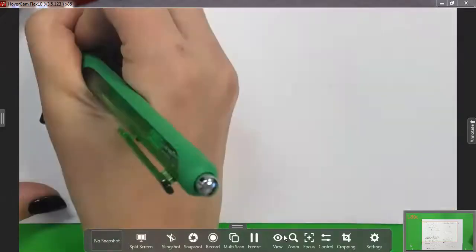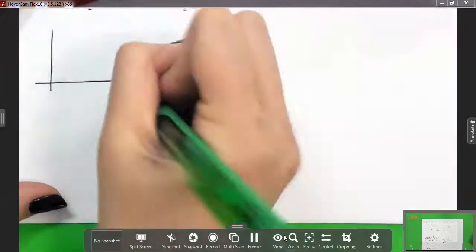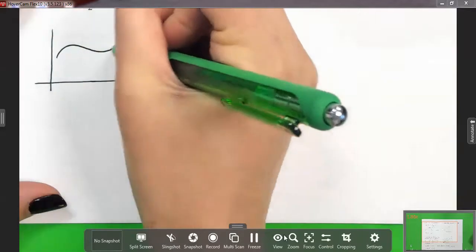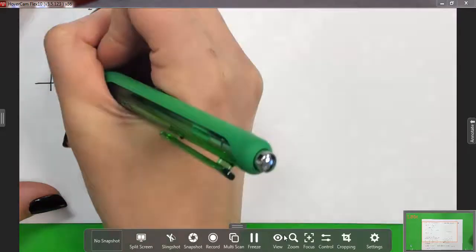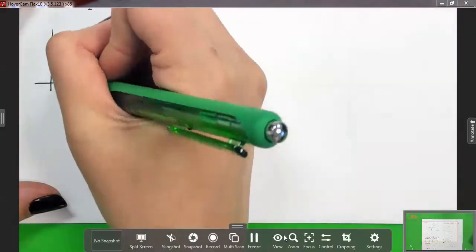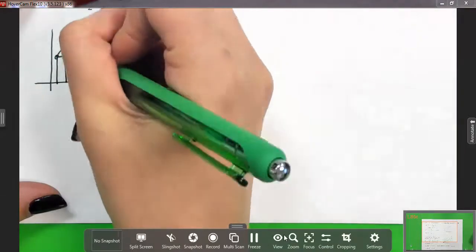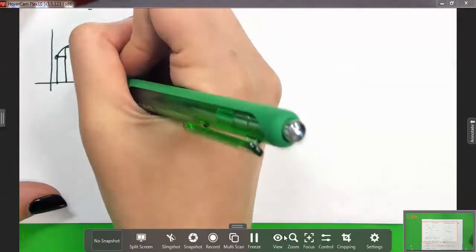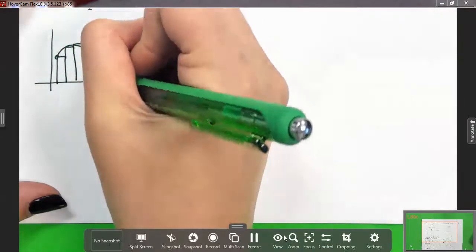Okay, all right. So, you remember back when we were doing area under a curve? And then we found rectangles, and we did little Riemann sums, which hopefully you still remember how to do.